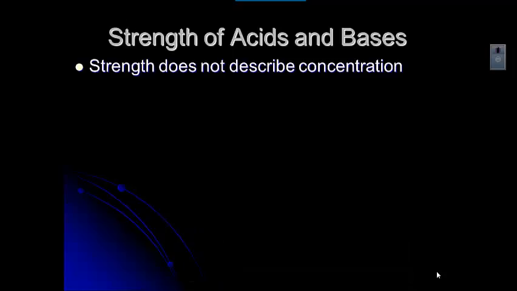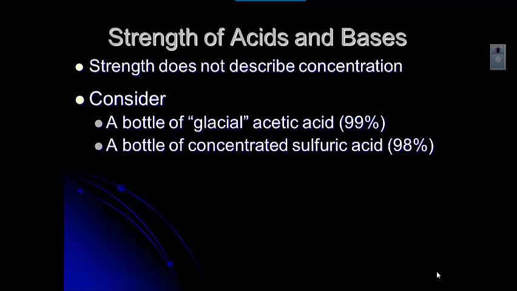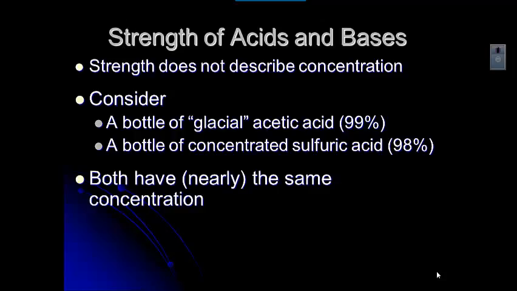All right, so let's look at what that does. Strength is not the same thing as concentration. So let me give you an example. If you think about what we call glacial acetic acid, that has a concentration of 99%. So it is very, very concentrated. And I have some of that in the stockroom. We also buy sulfuric acid in a concentrated form. That's 98%. Both of them have about the same concentration, 99 and 98%.